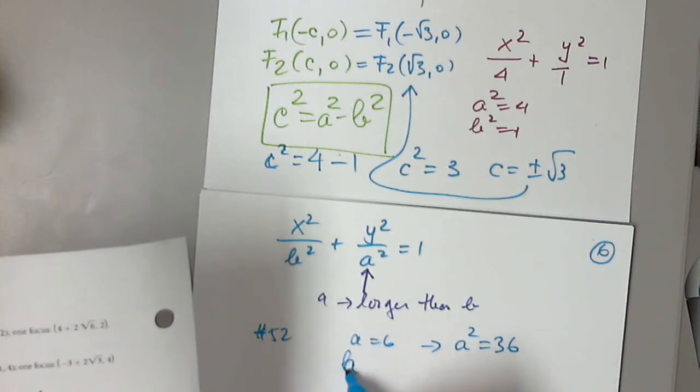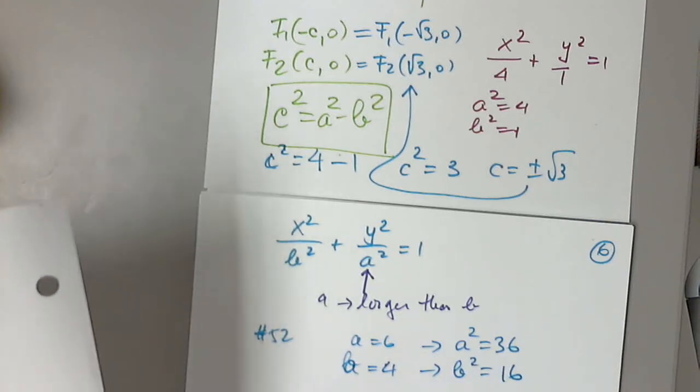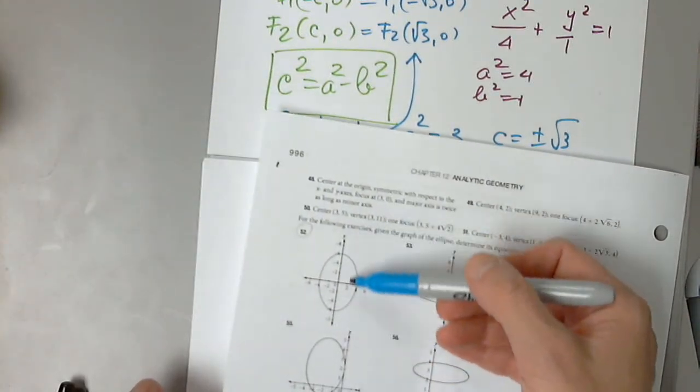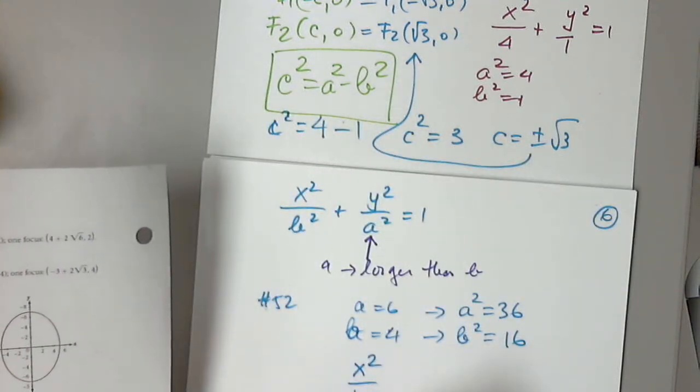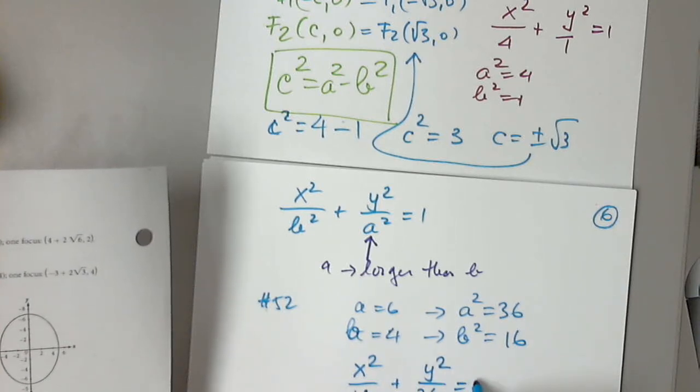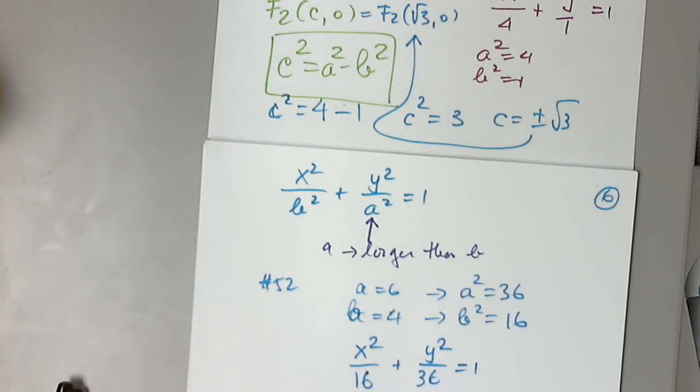We find that b equals 4, which means b squared equals 16. Since it has the major axis on the y-axis, we will write x squared over 16 plus y squared over 36 equals 1. And we identify the equation of the ellipse.